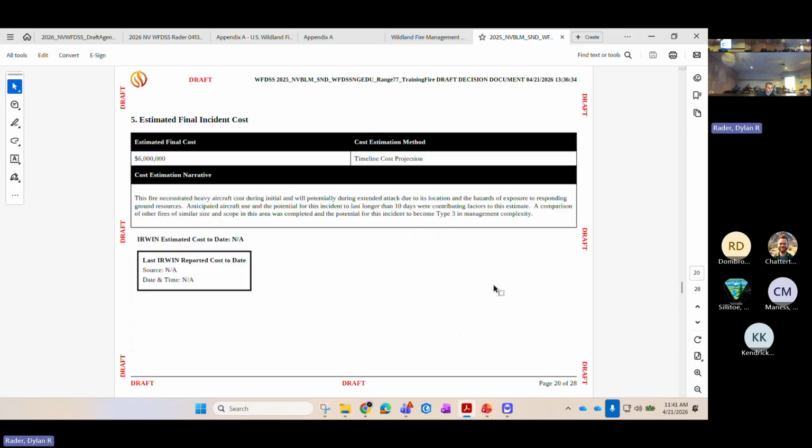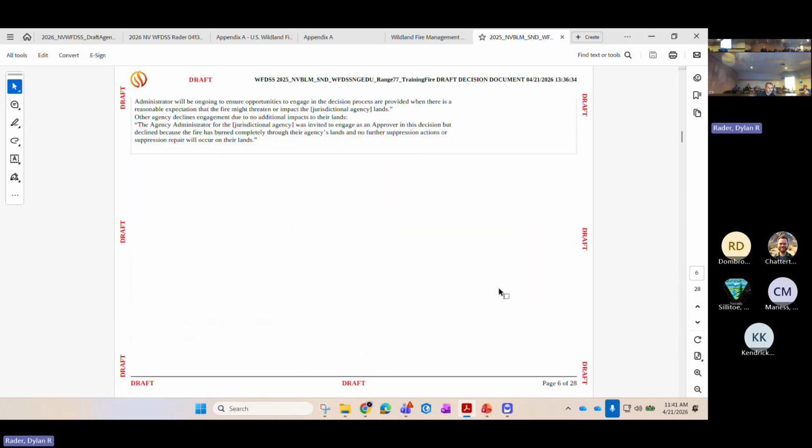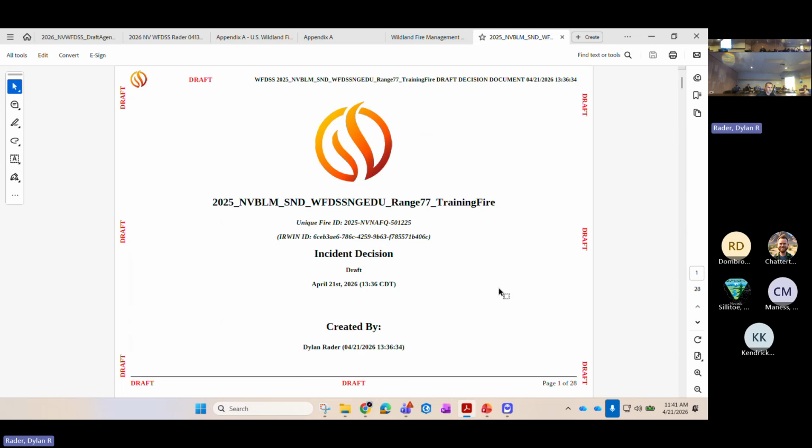But that's a decision right there. You can see very basic, right? No maps, unless, I mean, the only map that's in there is the map that I added. So if you want to create a better decision, you obviously need a lot more maps, right? Whether they're weather, whether they're jurisdictional agency, all that stuff.